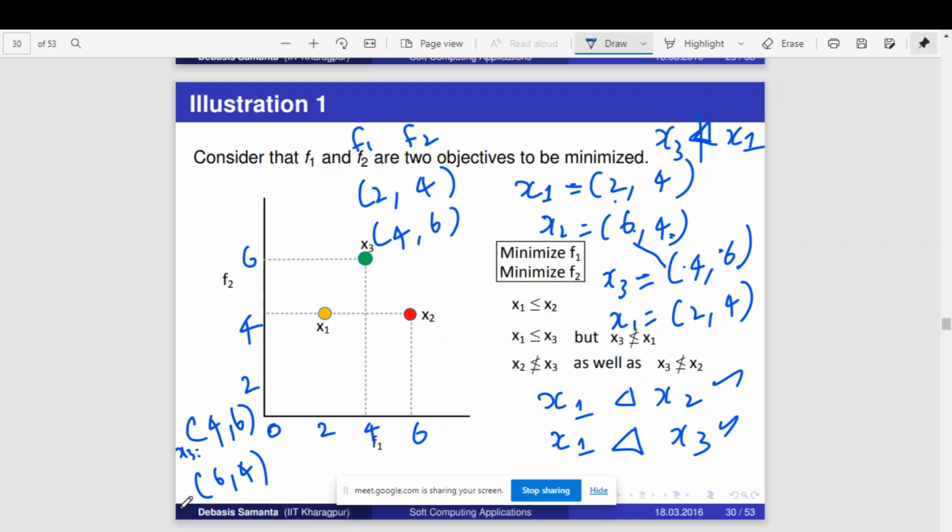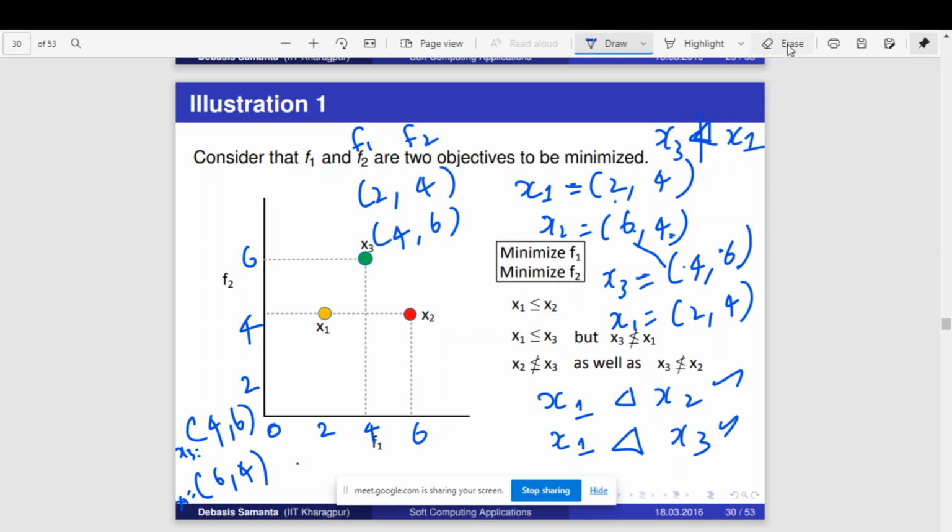This is x3. This is x2. Is it dominating? No. Now which condition fails? Condition 2. Condition 1 also fails. Yeah. So okay, like this.